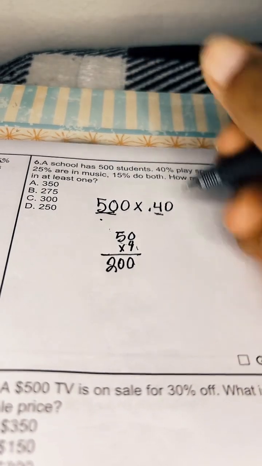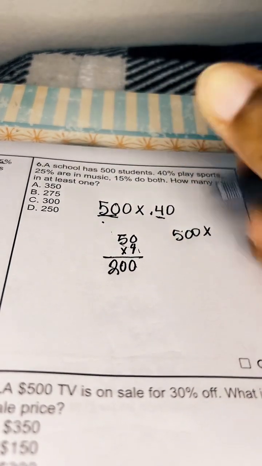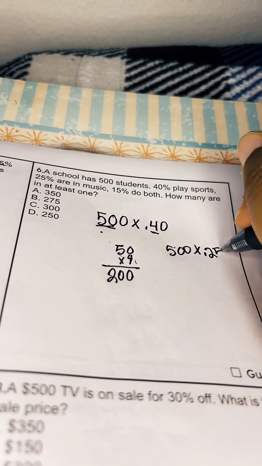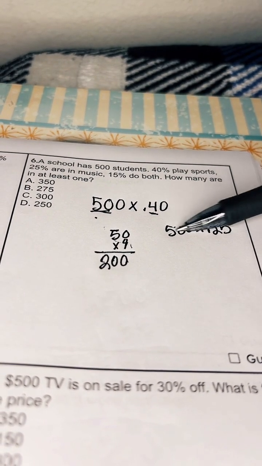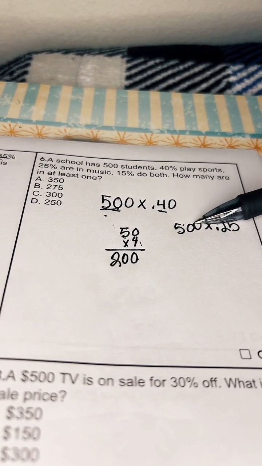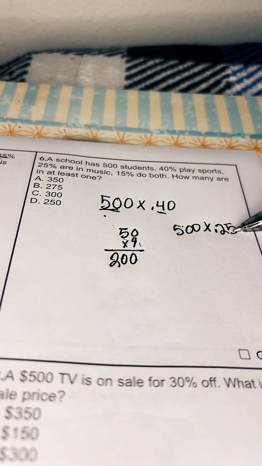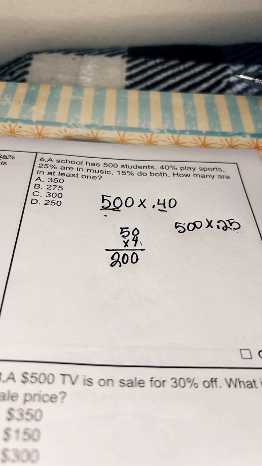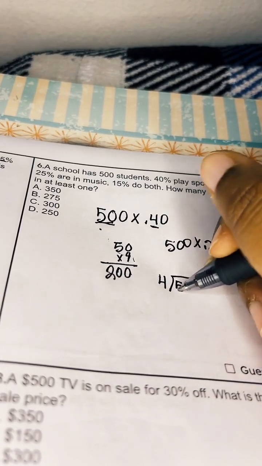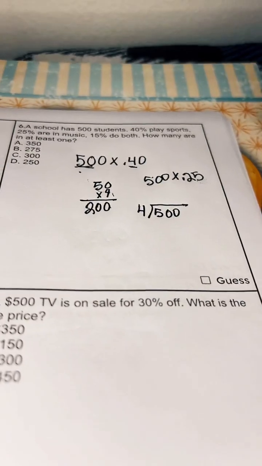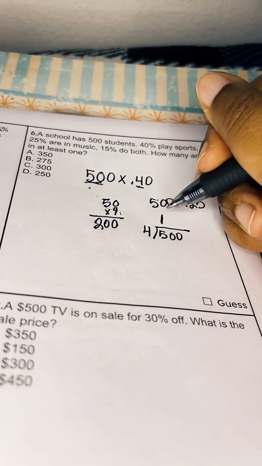Then we could do the 500 times the 25% that are in music. Remember, what are we doing when we times it by 0.25? Do we remember whenever we're taking 25% of it, what are we actually doing? Good, the 1/4, we're dividing by 4. Exactly, you guys. 4 into 500. 4 goes into 5, 1.